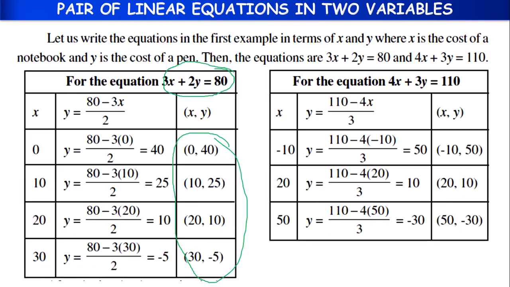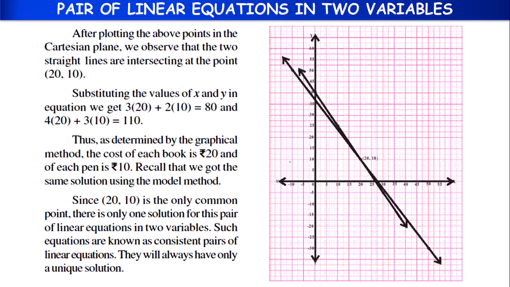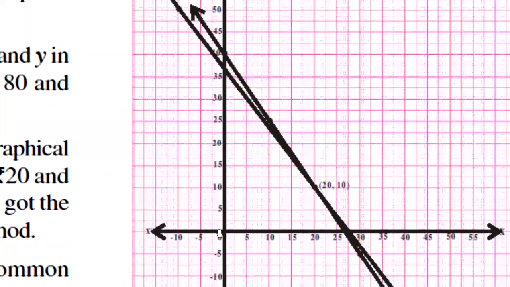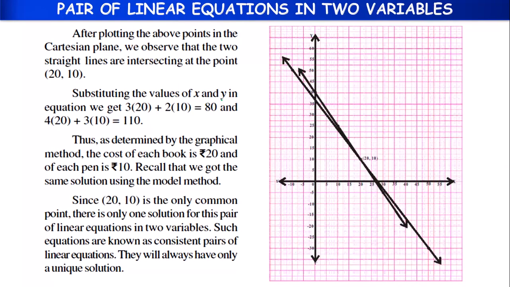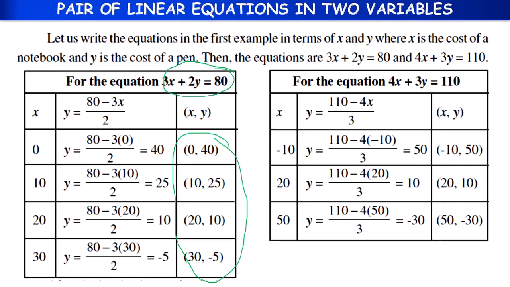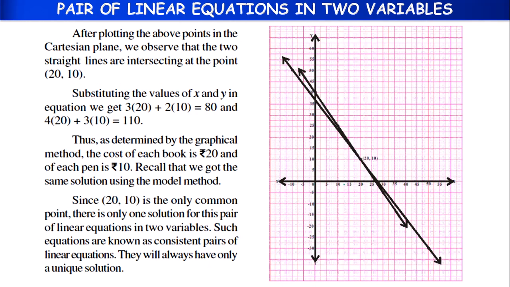Here 0 comma 40 means this point. Next, 10 comma 25 means here, another point.